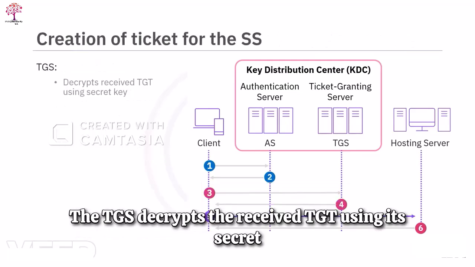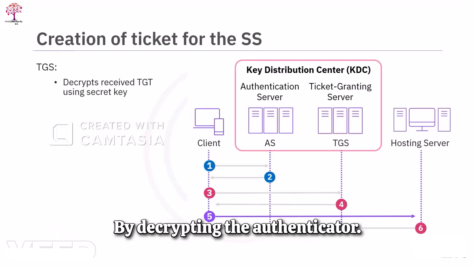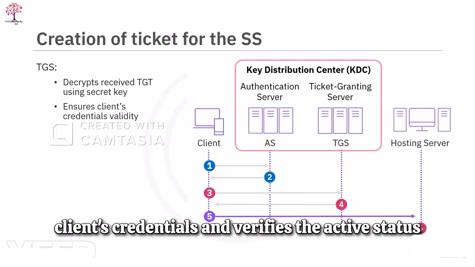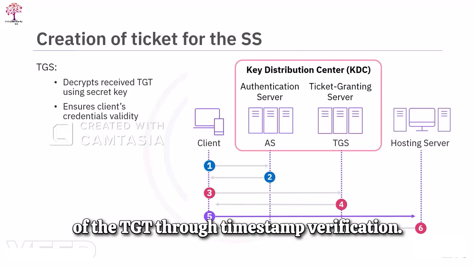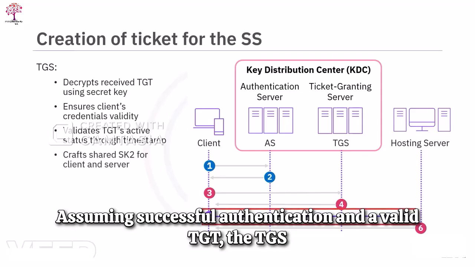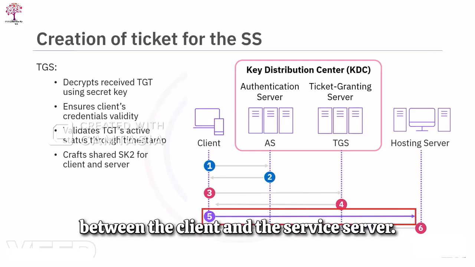The TGS decrypts the received TGT using its secret key to extract SK1 and authenticates the process by decrypting the authenticator. The TGS ensures the validity of the client's credentials and verifies the active status of the TGT through timestamp verification. Assuming successful authentication and a valid TGT, the TGS generates another session key, or SK2, for secure communication between the client and the service server.